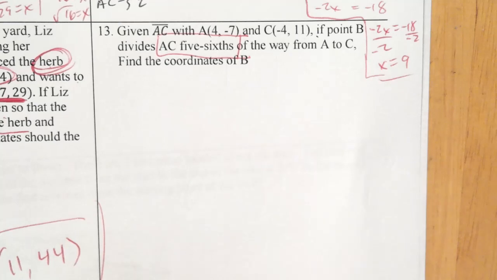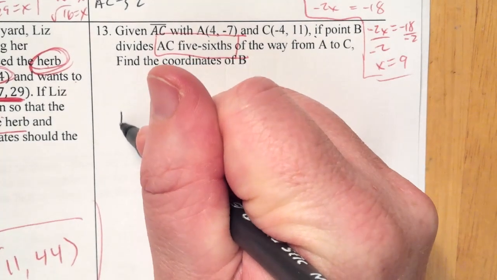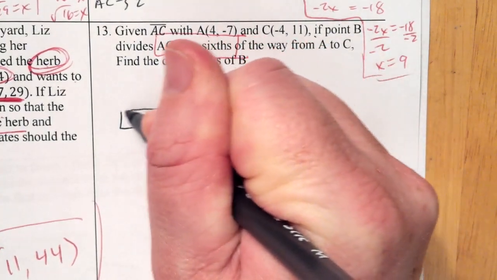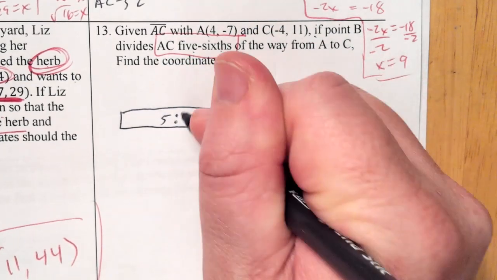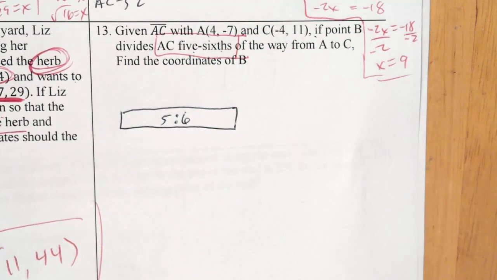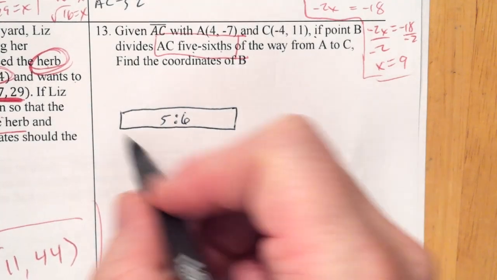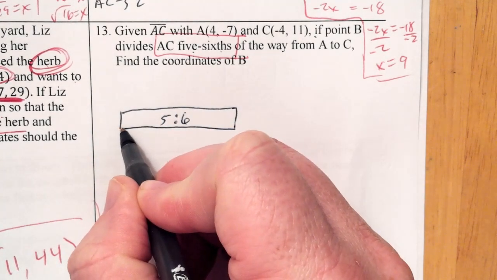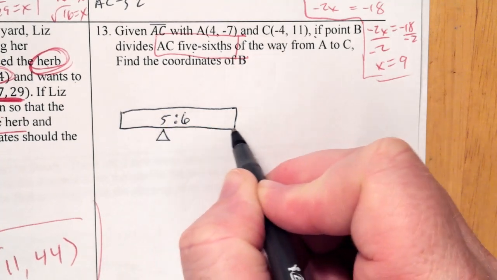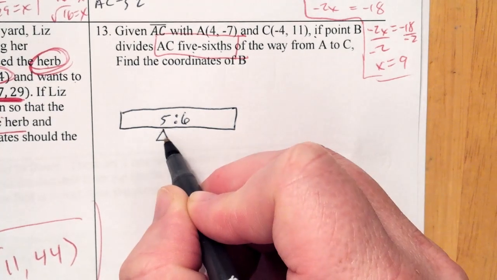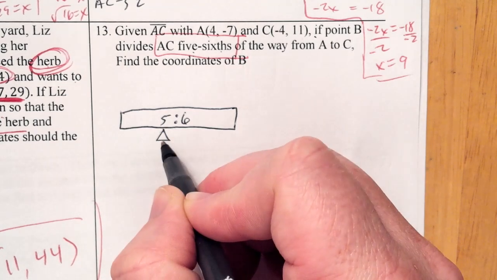All right, so with that idea, if I make this picture, they said 5/6. So 5:6. So 5/6. That means that we're going to have 5 hops. Then we're going to have 6 hops. That's what that means. So it's going to be more over here.